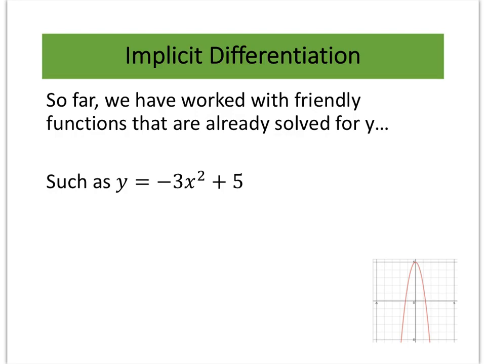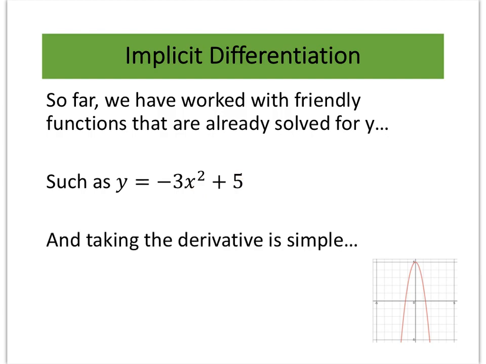So far we've worked with friendly functions, and they've already been solved for y. So the y value equals stuff, but it could easily be that we didn't have that. If we took the derivative of this, it's quite simple. All we would do is take d dx of y, and then d dx of negative 3x squared, and then d dx of 5.